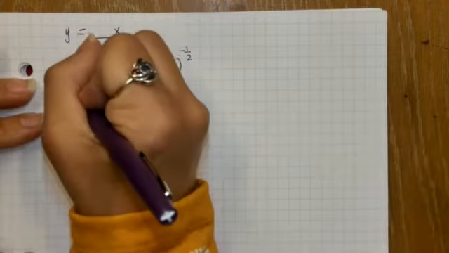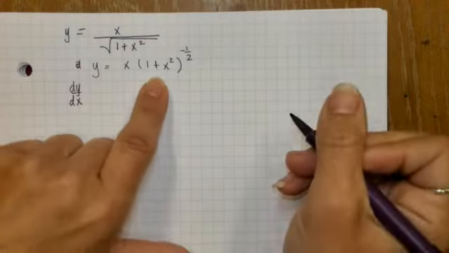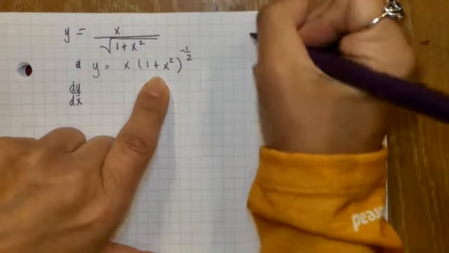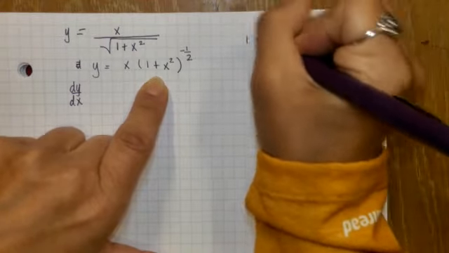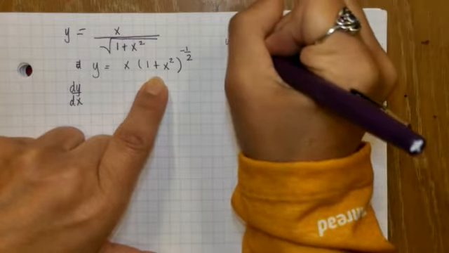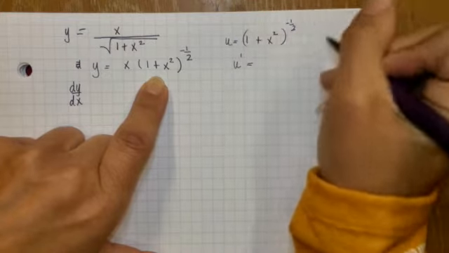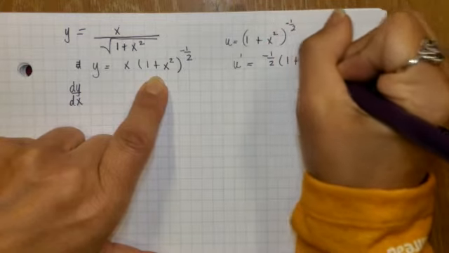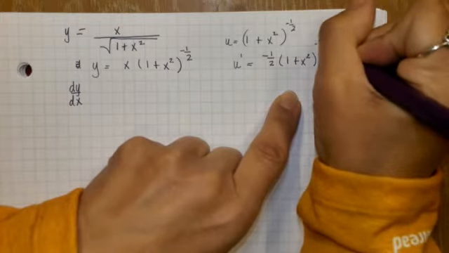All right, so dy dx, here we go. And I'm going to do the derivative of 1 plus x squared to the negative 1/2 off to the side. Let's just say that's u prime. Negative 1/2 down in front, decrease the power by 1.